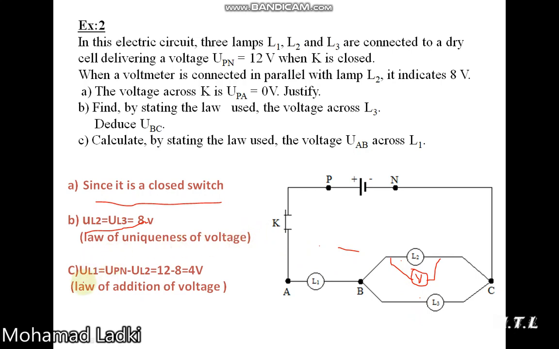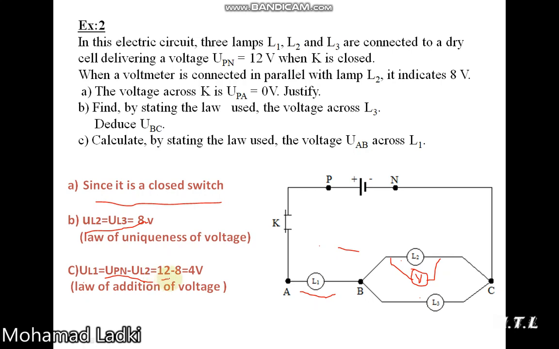As for part C, they told us to calculate by stating the law used the voltage UAB across L1. L1 is connected in series with L2 and L3. So if you want to calculate the voltage of L1 by using the law of addition of voltages, we subtract the voltage of L2 or L3 from the voltage of the battery, because they are the same.